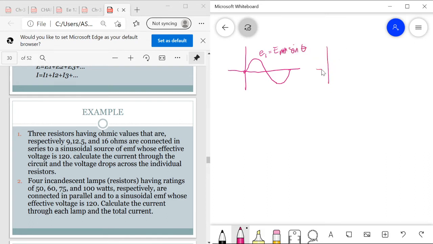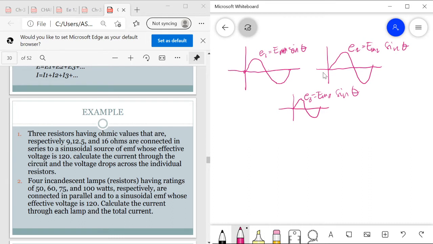So this is another wave, E2 is equal to EM2 sine theta. Third wave, E3 is equal to EM3 sine theta.